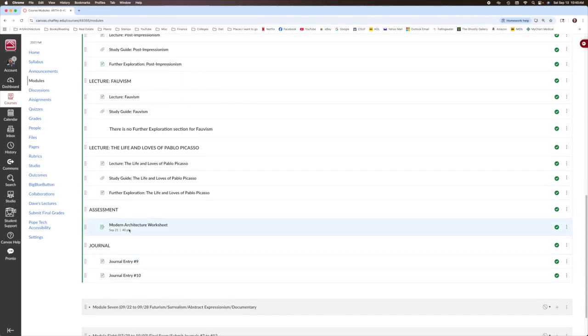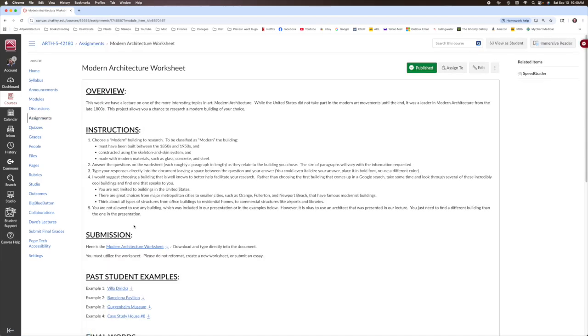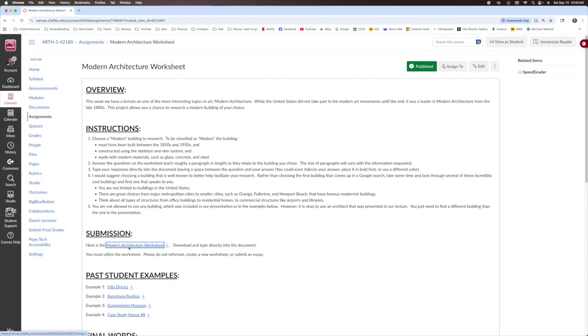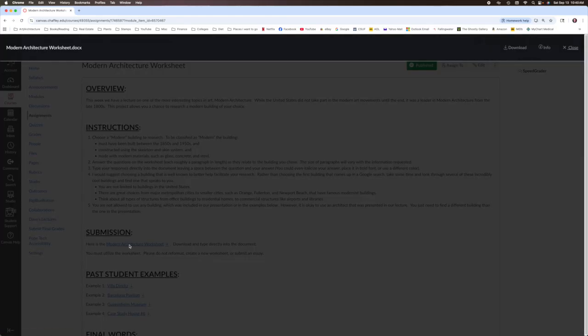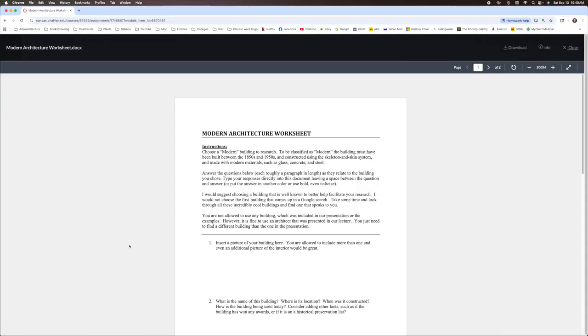So if you scroll down to the Modern Architecture worksheet, what I'm going to have you do is fill out this worksheet on another modern architecture building. So what you're going to submit is the worksheet, and once again, with anything like the worksheet here, please make sure to use the one that is provided for you.